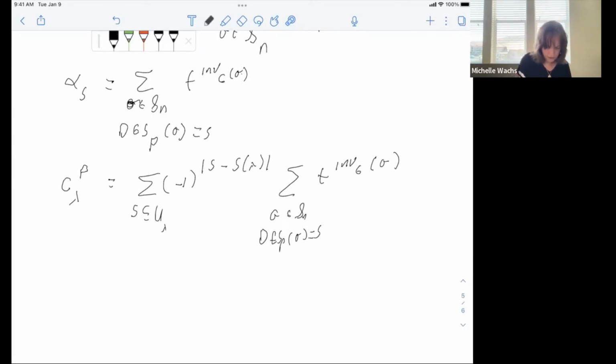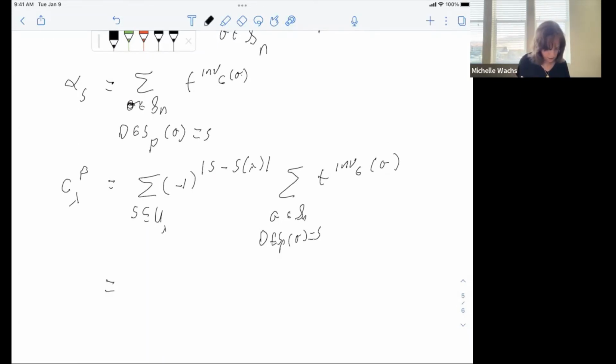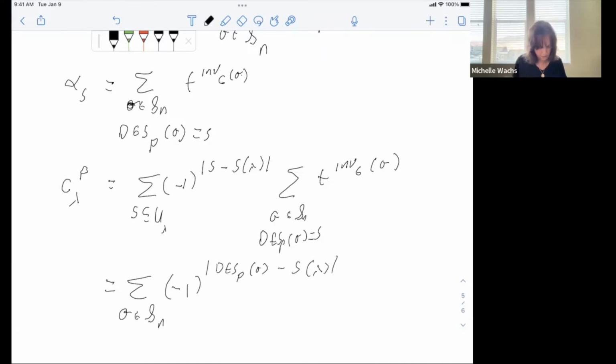And we can rearrange things. We can sum over all permutations in Sn, minus 1 to the descent set of the permutation, minus S lambda, q to the number of inversions of the permutation.